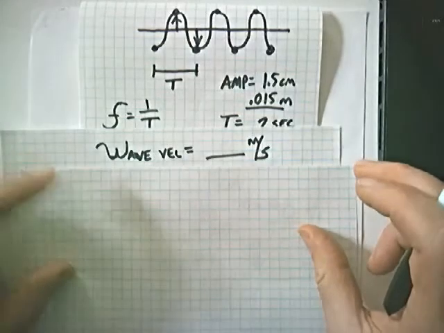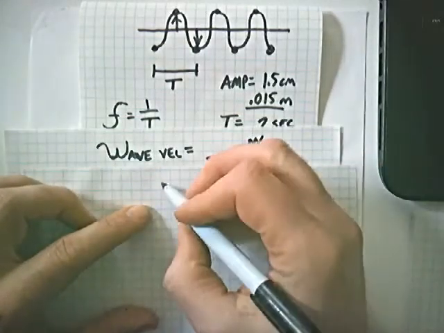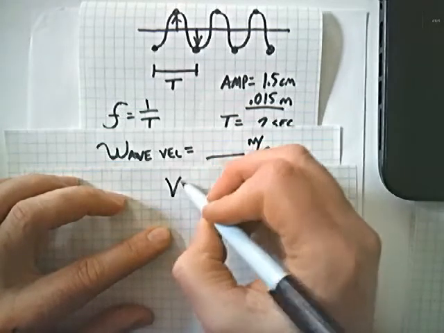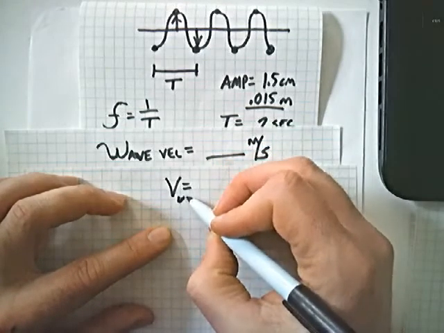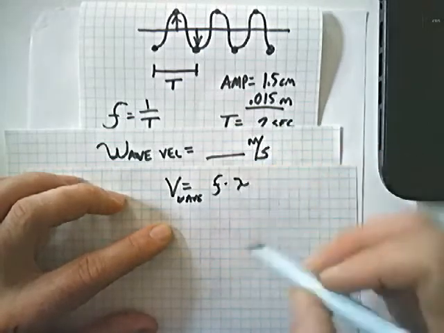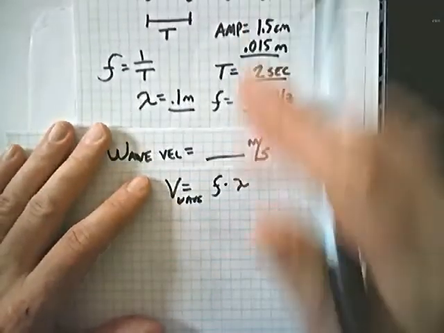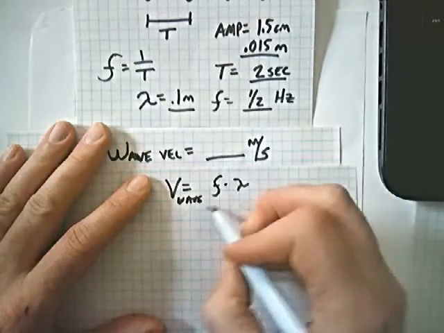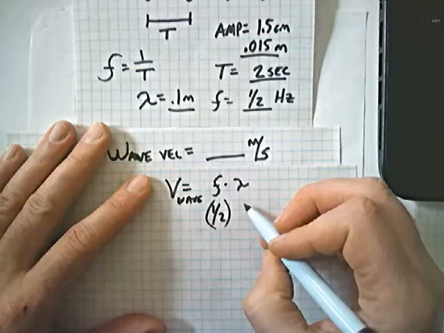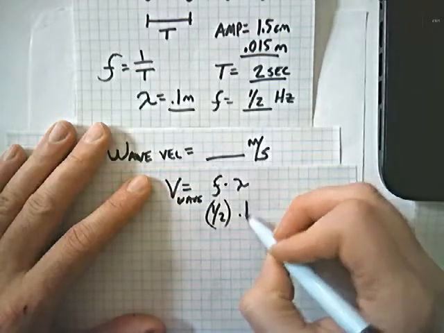Let's talk about wave velocity first. Whenever you want to find the velocity of the energy or the wave, we can simply do frequency times wavelength. Now, if you remember earlier, I had us record these things. Here they are right here. Our frequency was 1/2 and my wavelength that I gave you was 0.1.